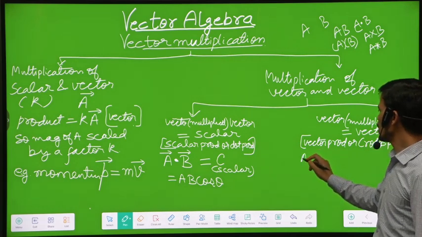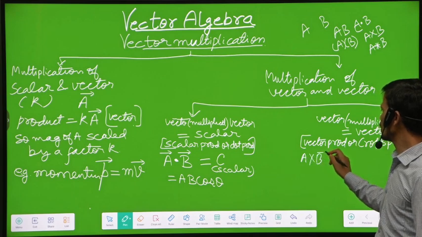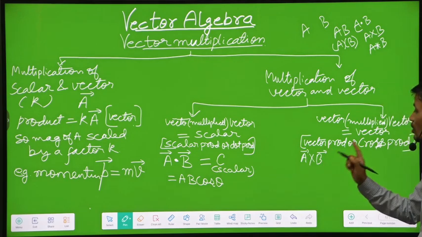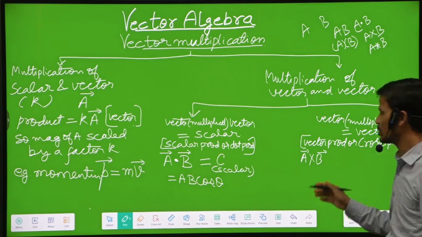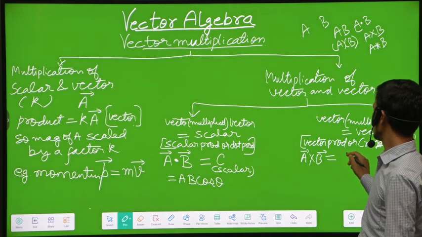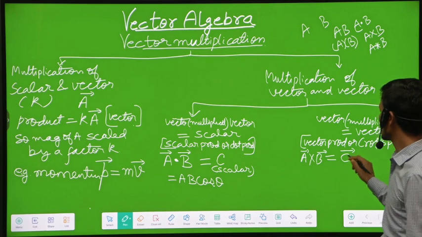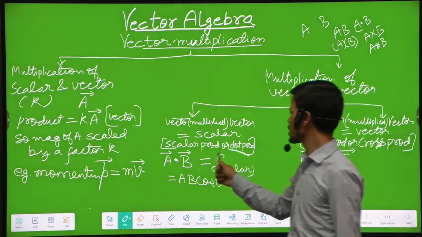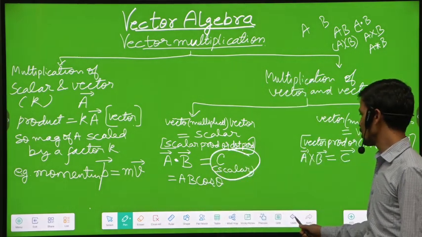It means A cross B. See, this is not just an ordinary multiplication, it is the cross product symbol is equal to C with vector sign. Here it was a scalar quantity, so end result was a scalar.